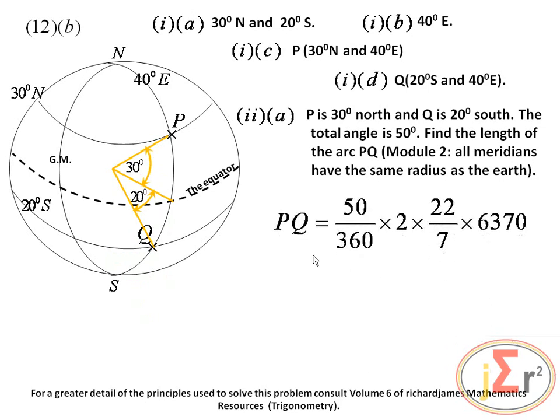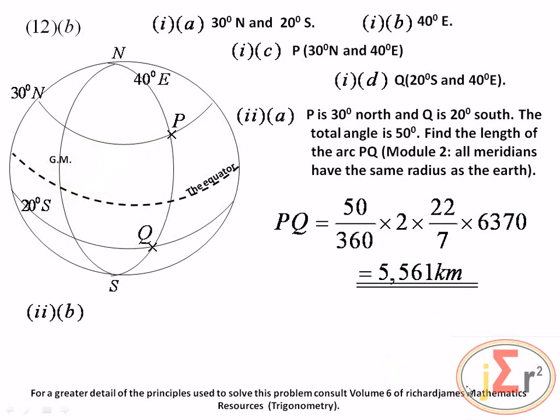So PQ is 50 over 360 times 2 times pi times r. 2 pi r is the circumference of the circle, and the particular fraction is the fraction associated with the arc divided by the angle of an entire revolution. And that simplifies to give 5,561 kilometers.